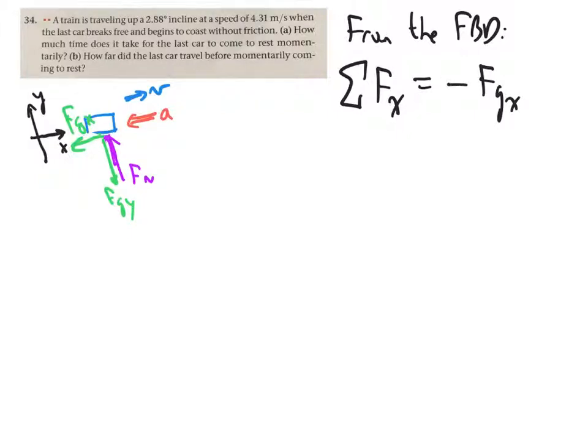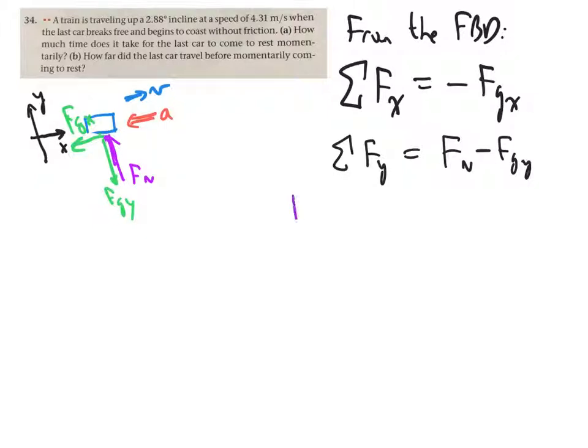So I get a minus sign because it's pointing opposite to my choice of x and y. And of course I would have the sum of Fy, and that says that there's a normal force pointing in the direction of y, and there's FGY, but it points opposite as well. And so from the free body diagram, I have that.